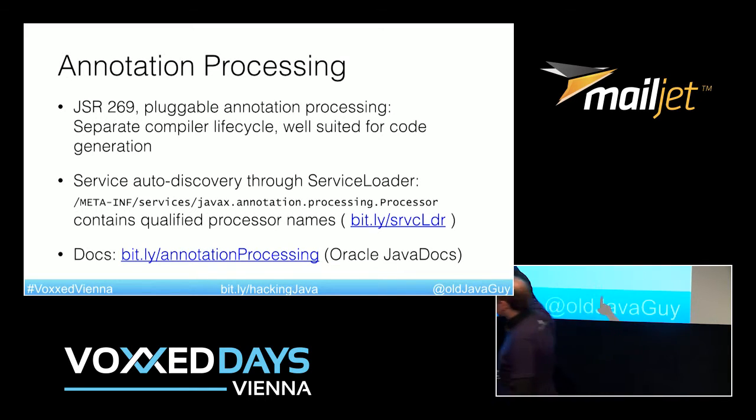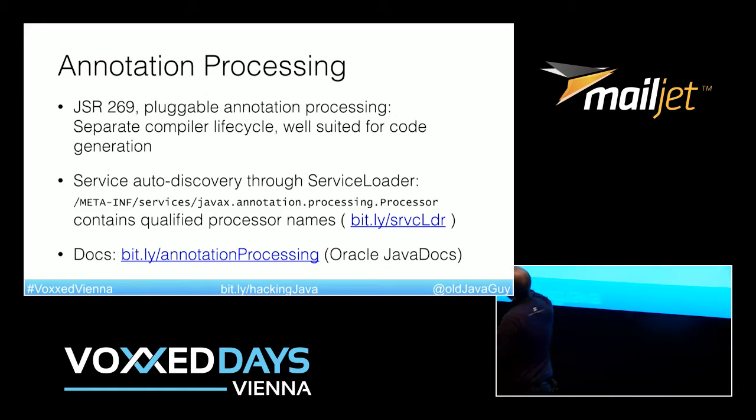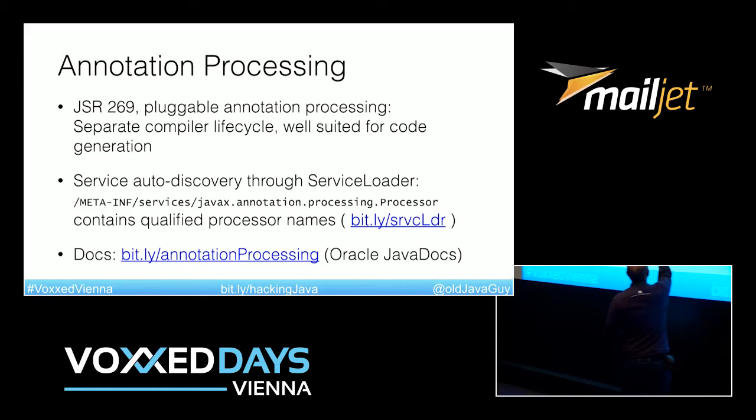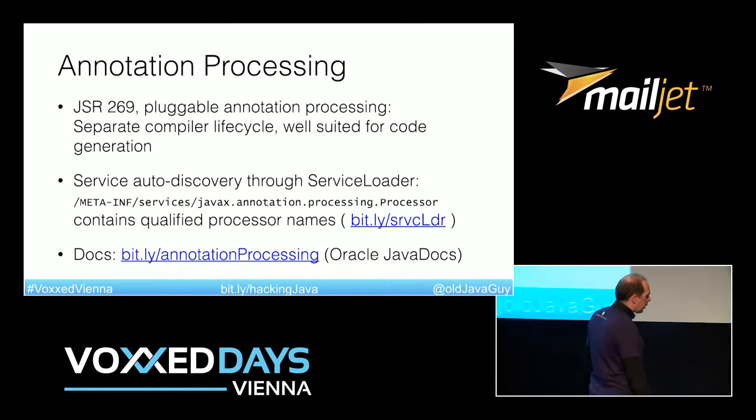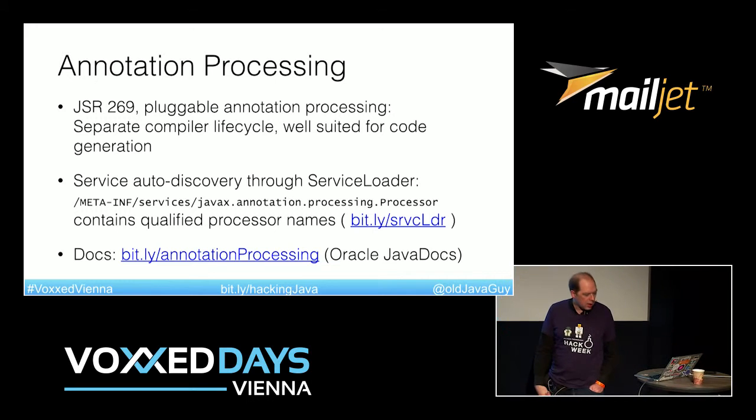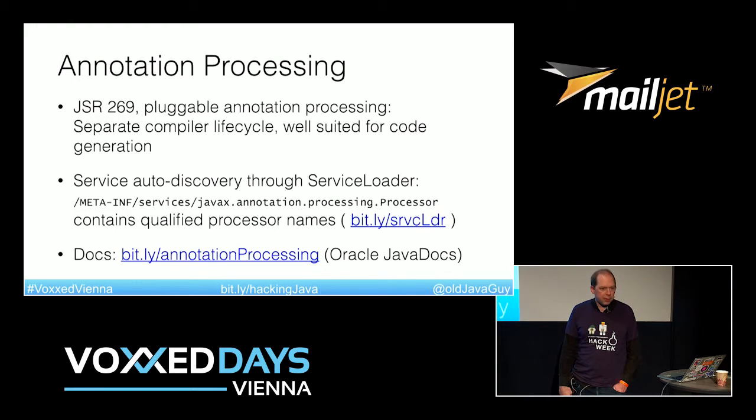and you have somewhere on your classpath this magic file, META-INF/services/javax.annotation.processing.Processor, and that contains the list of fully qualified processor names. If the compiler finds those anywhere on the classpath, it will instantiate them before the actual compilation.